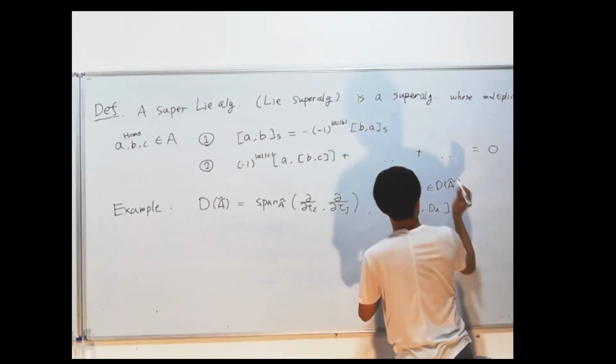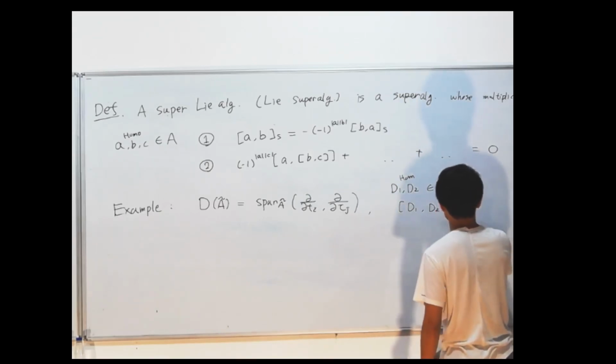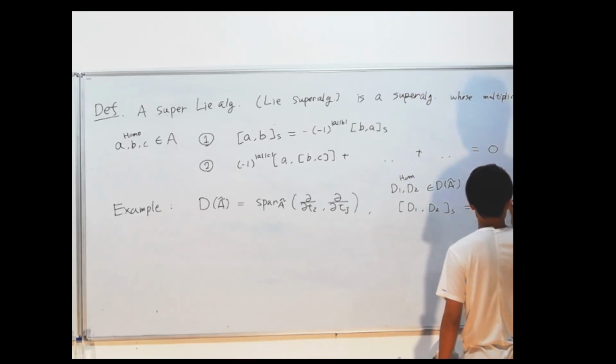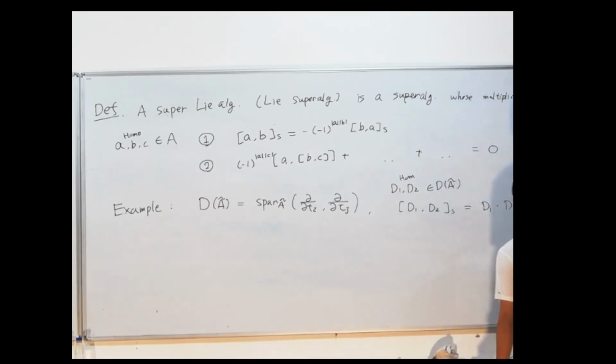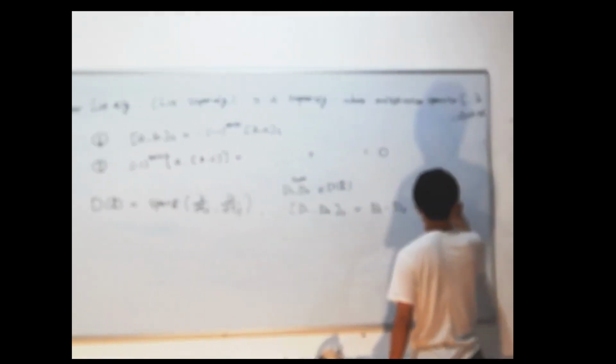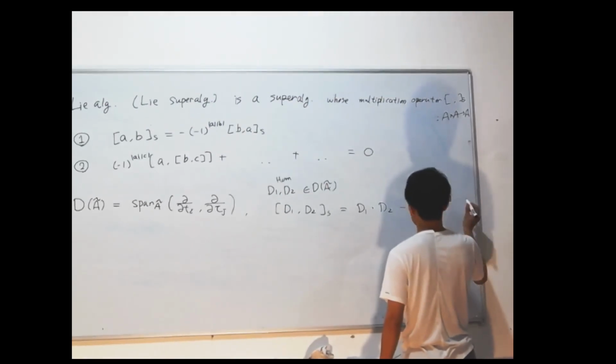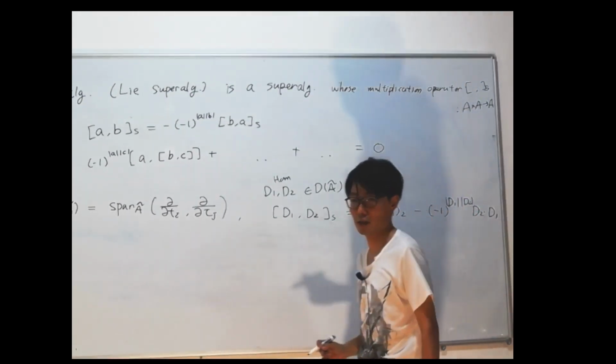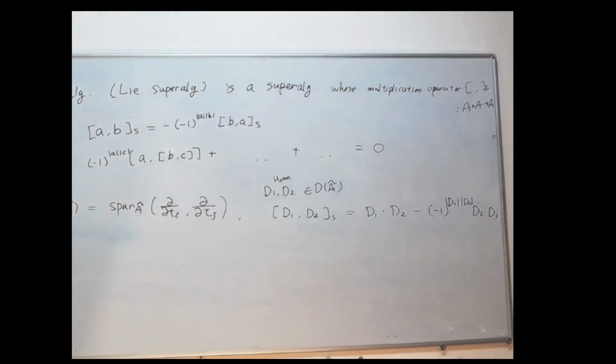And then this can be defined as something like this: D1 acting on D2 minus parity of D1 and D2 of the other one. I think it's reasonable, right? I hope. All right, sorry, I cheated.